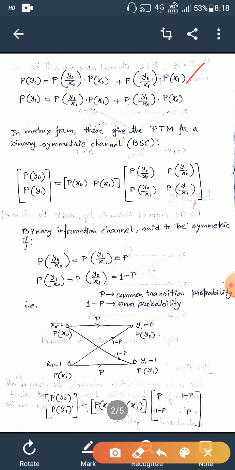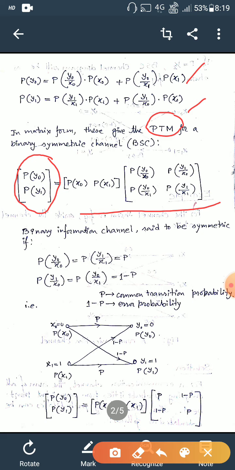So this is the binary channel, and these two are the equations for the probability of the y0 symbol and the y1 symbol. If you represent it in the form of the PTM, the probability transition matrix, the output symbol probability will be represented in this matrix form.